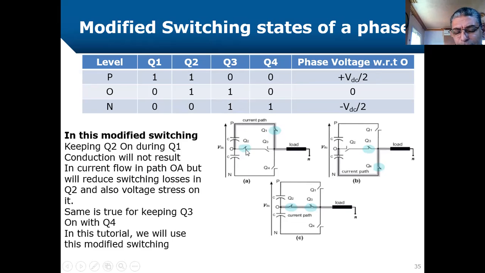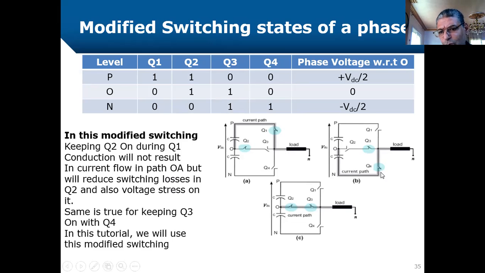But if it is maintained on, then when we need to apply voltage 0, Q3 needs to be switched on with Q2. And all we need to switch in this case is Q3. So Q2 is always on, Q3 will apply the voltage 0. So minimum switching is needed for Q2 in this case. This is clear in the next slide.